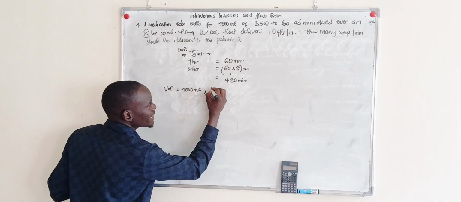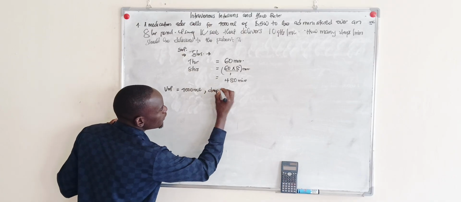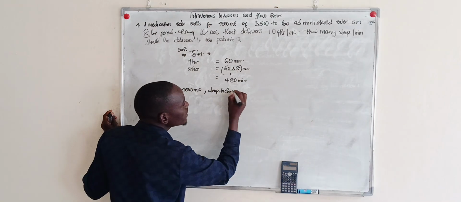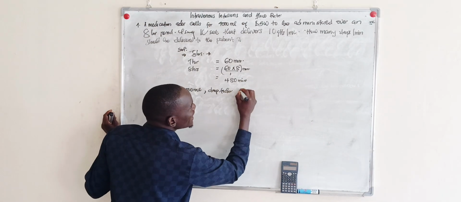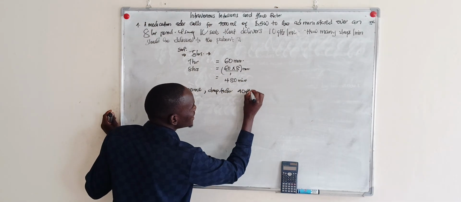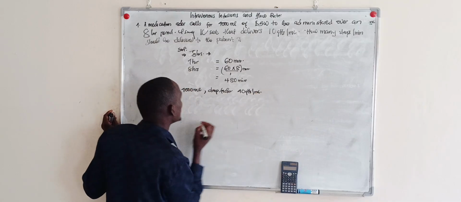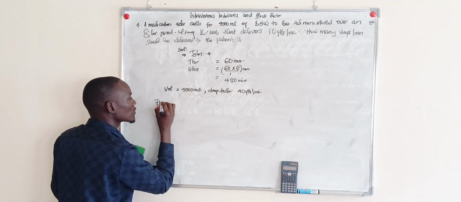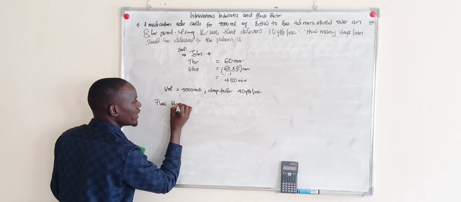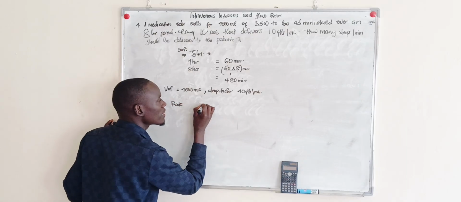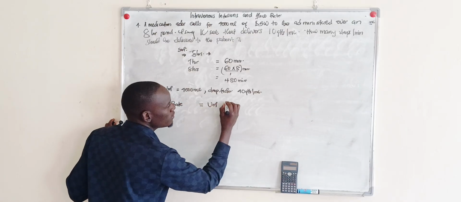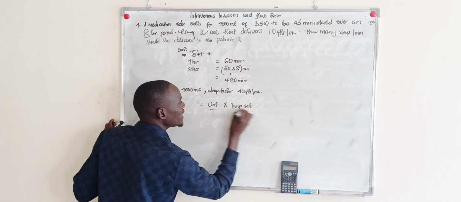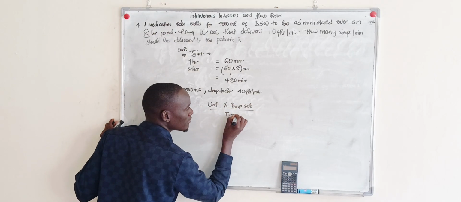They have given us the drop factor, or what we are calling drip set, as 10 gtts per mL. So from our formula, flow rate, or rate of flow, is given by volume multiplied by drip set divided by time.